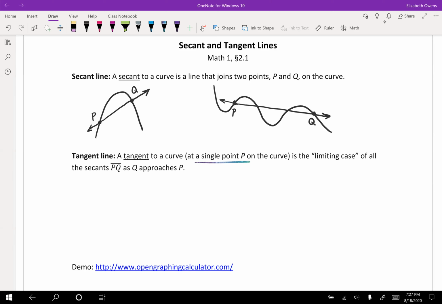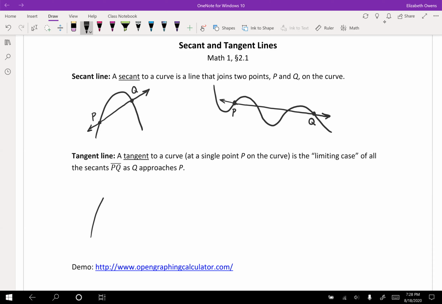We'll call that point P. And the tangent is defined as being the limiting case of all the secants PQ as Q approaches P. Now that's kind of a bit of a wordy definition there. So let's put some pictures to this.